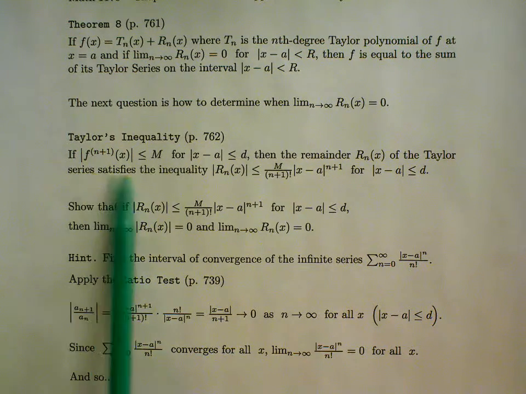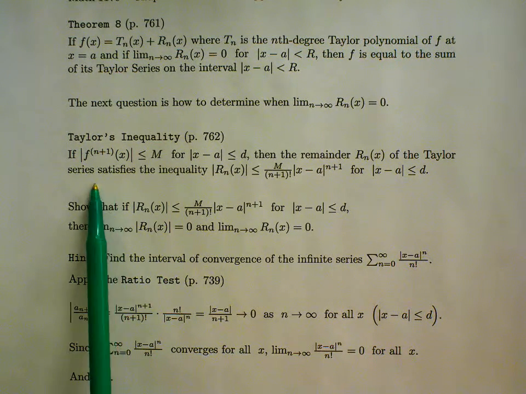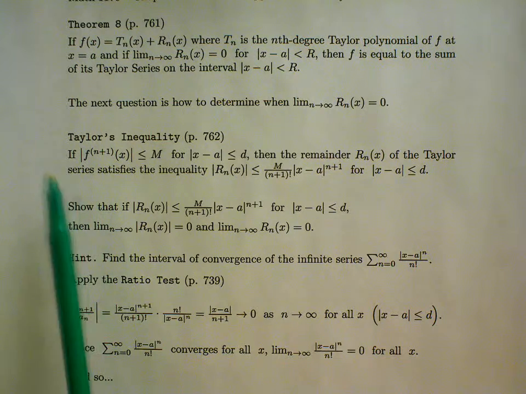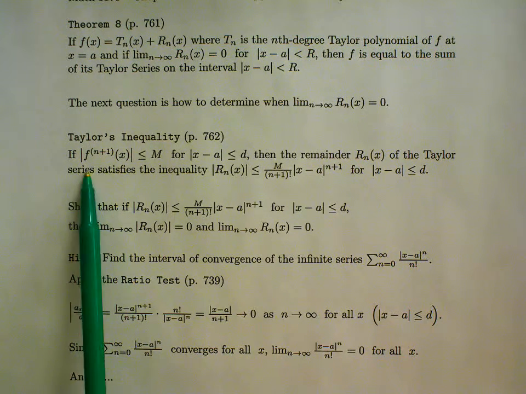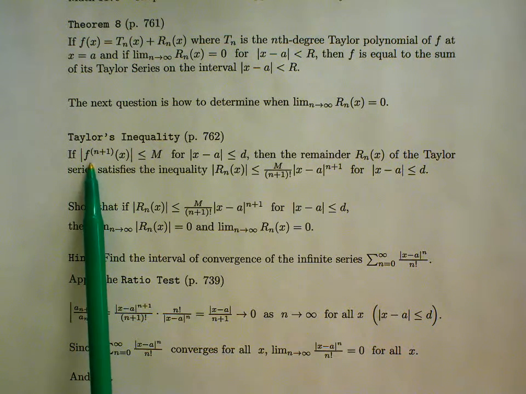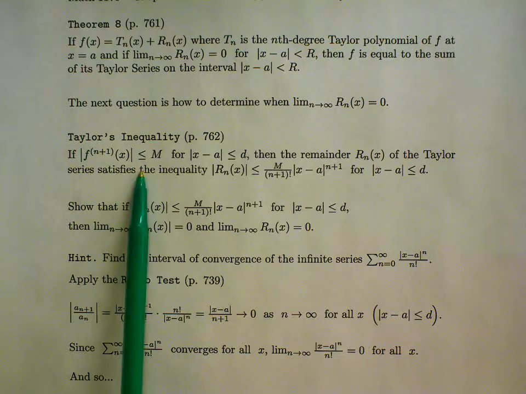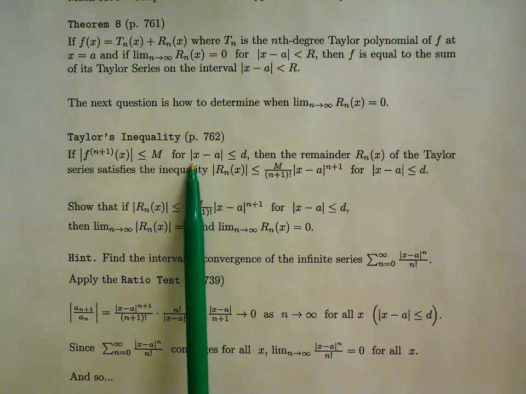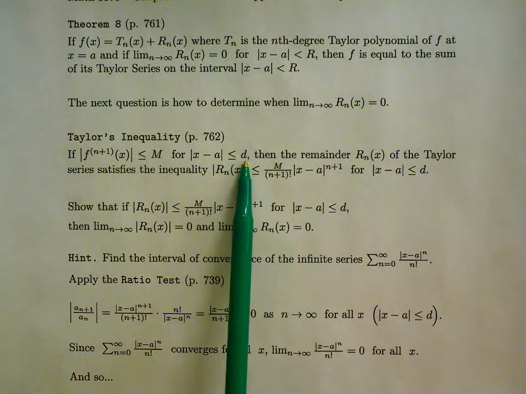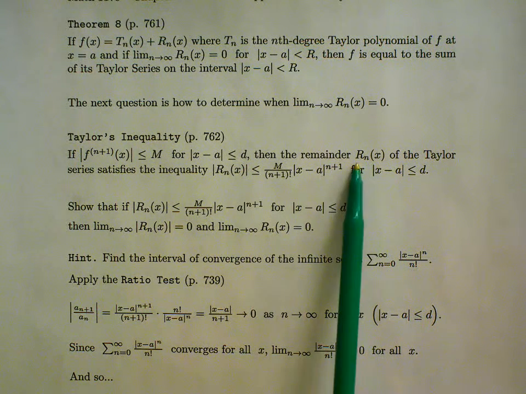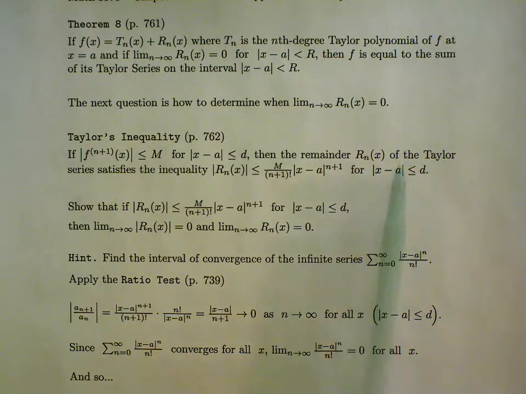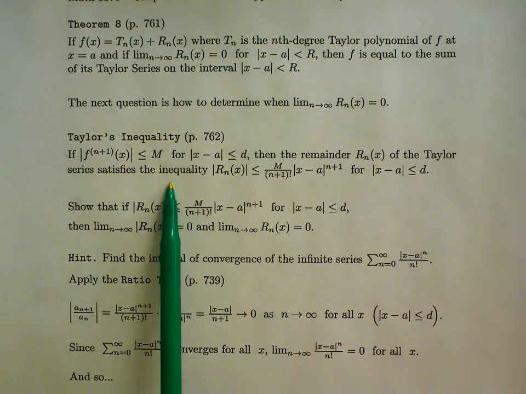So Taylor's inequality, it's just a theorem. If the absolute value of the n plus first derivative of f evaluated at x is less than or equal to M, for the absolute value of x minus a less than or equal to d, then the remainder, r sub n of x of the Taylor series satisfies this inequality.